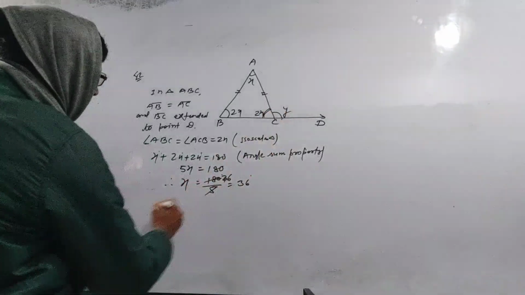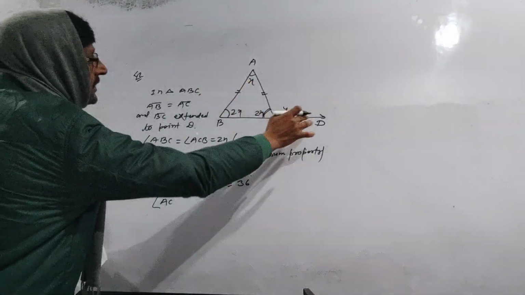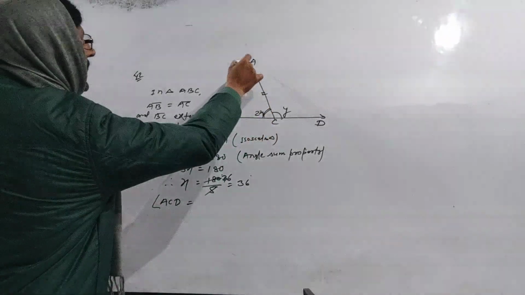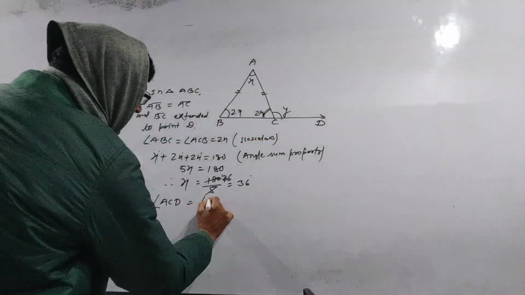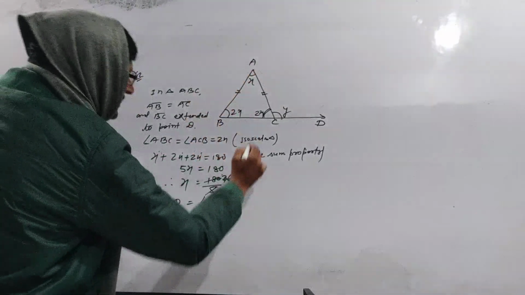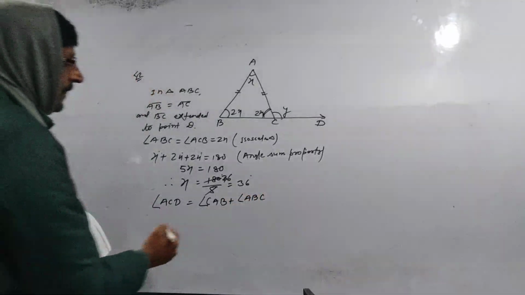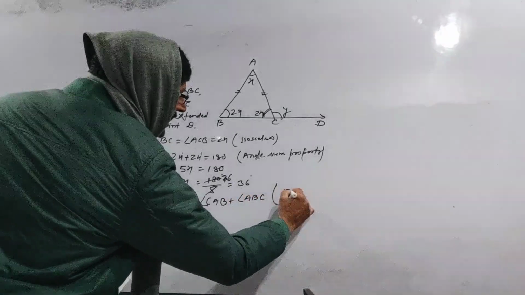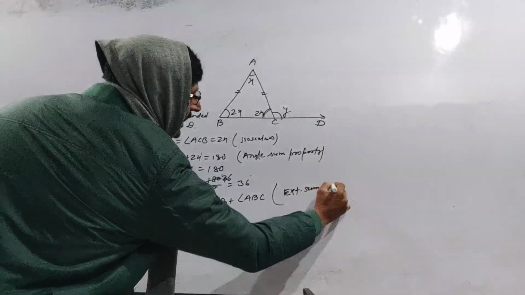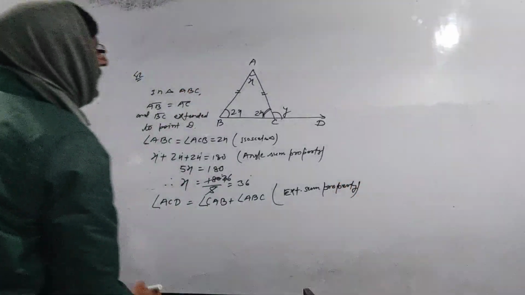And angle ACD is equal to angle CAB plus angle ABC. Clear? Here we use the exterior angle sum property.